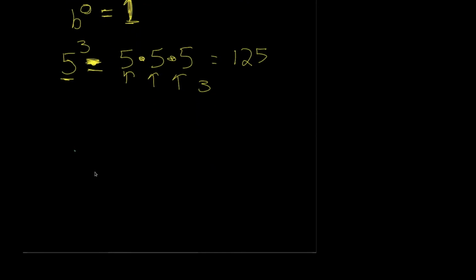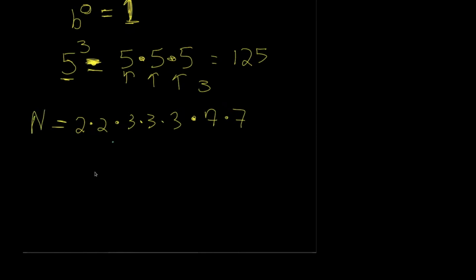We can also go the opposite direction. Sometimes we will get factors of a number that have a form. So 2 times 2 times 3 times 3 times 3 times 7 times 7, right?